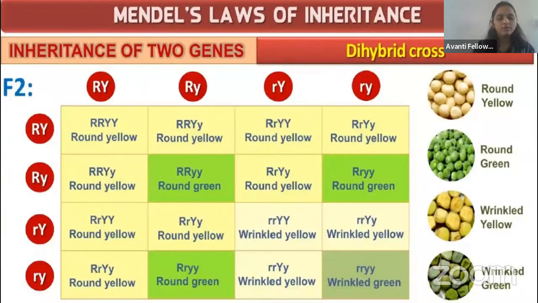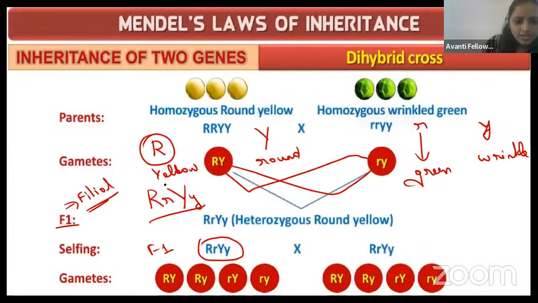Yes, guys. So now you have to take the hybrid. In the F2 generation, how are we going to take? See here. Remember here, guys: capital R and capital Y, capital R and small y, and you can take small r capital Y and small r small y.